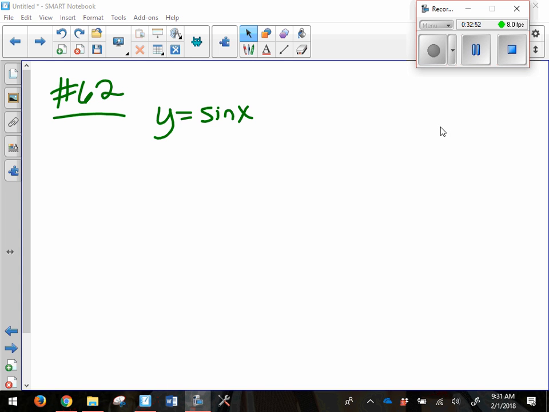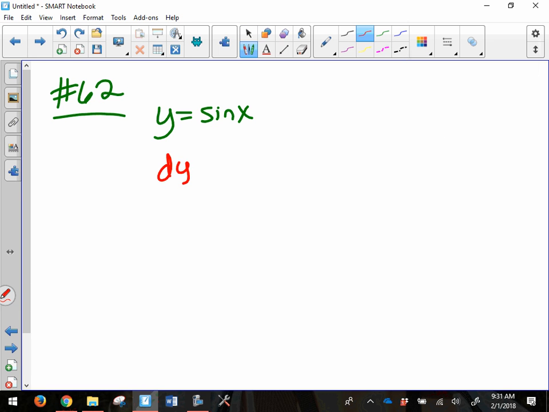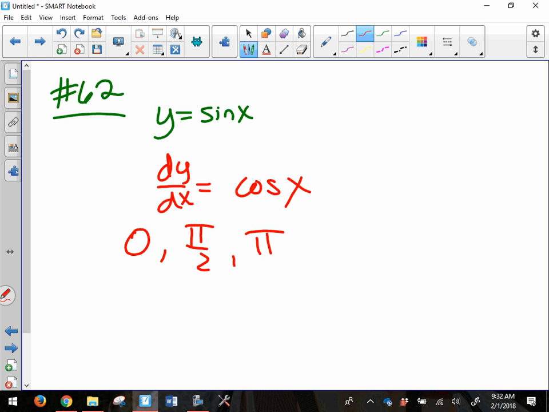All right, so dy dx, you should have figured out, was cosine x, right? So when you've got a trig function, we usually think about 0, pi over 2, pi, those lines there.